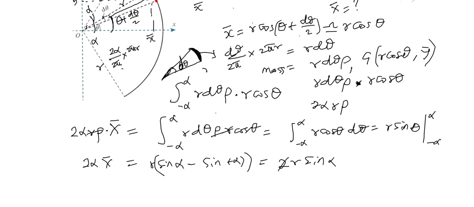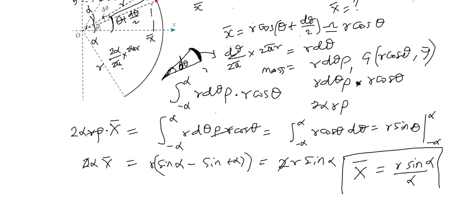So my x bar is equal to r sine alpha over alpha. This is the result. This is the center of mass of an arc. Remember, the arc subtends an angle of 2 alpha. And remember again that this x bar is on the x-axis. That means that y bar is equal to 0.